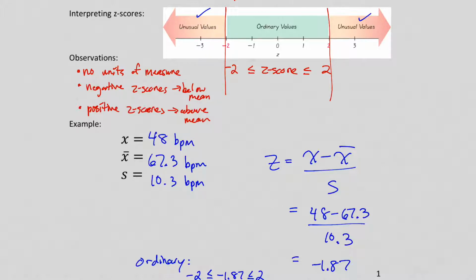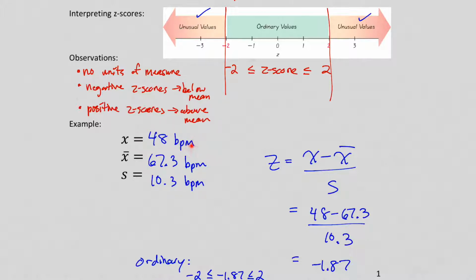So here's a quick example. We did an example of this in class where all of us took our heartbeats per minute. In this particular example, the sample mean, the average of all the data points for beats per minute, is 67.3.